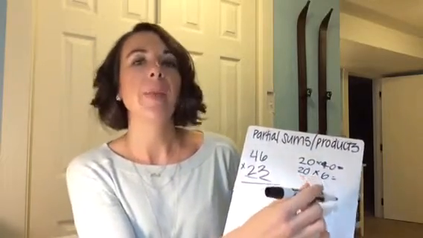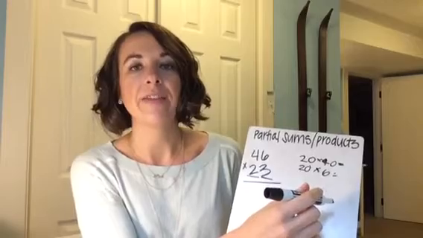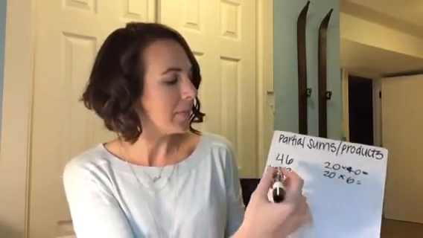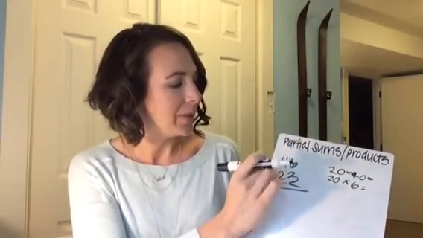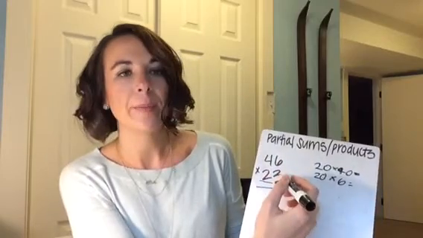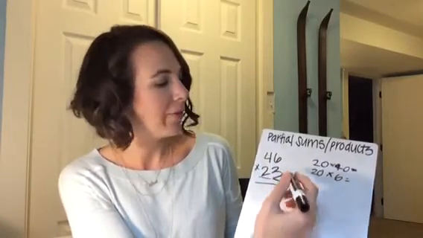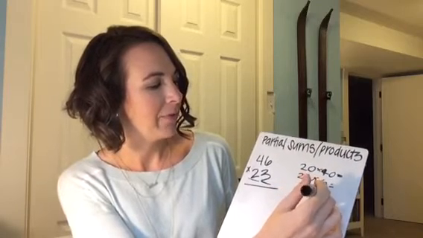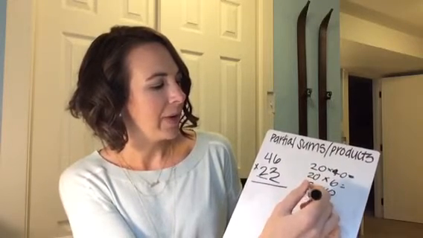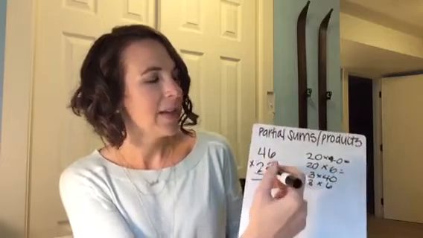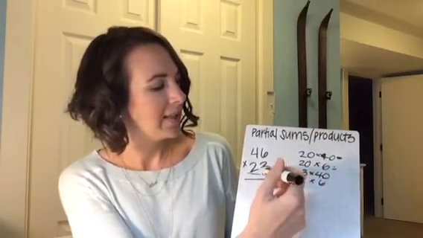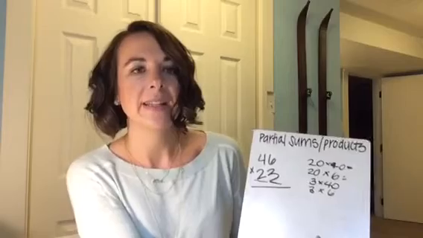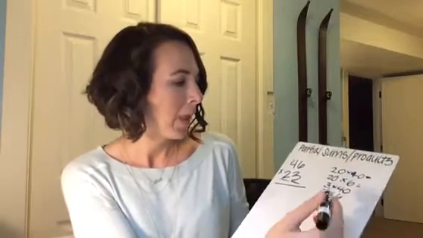Remember, I'm just breaking apart this problem so that I can solve it a little bit easier. So now this 2 is pretty much done. So we're going to move to the ones here. I'm going to start with the 3. So I'm going to do 3 times 40 and then 3 times 6. So what I've done to the tens and the ones on the bottom, I've done to the tens and the ones on top.